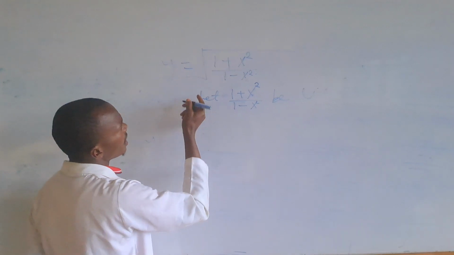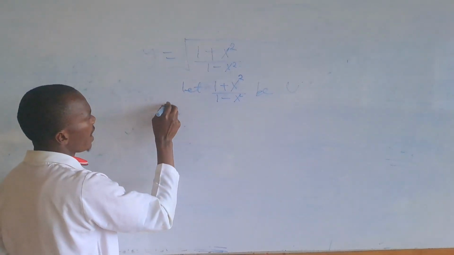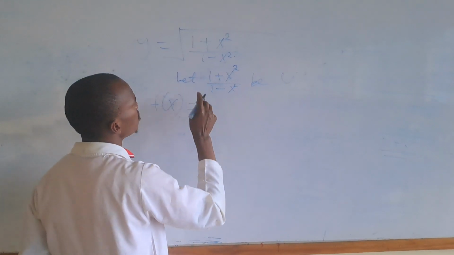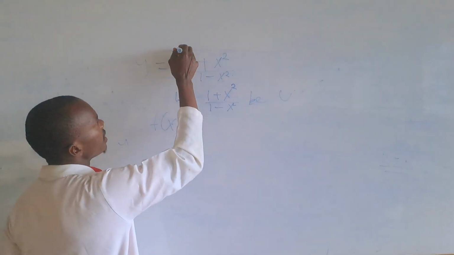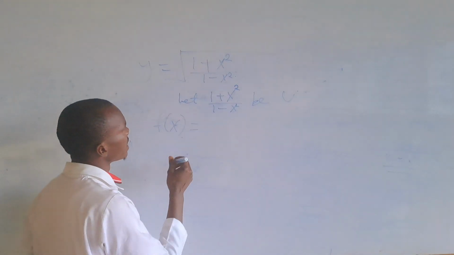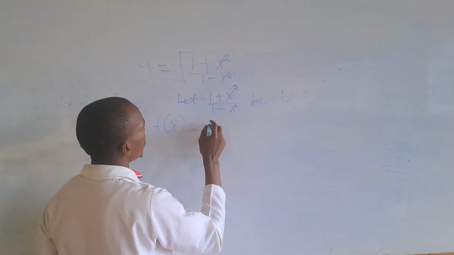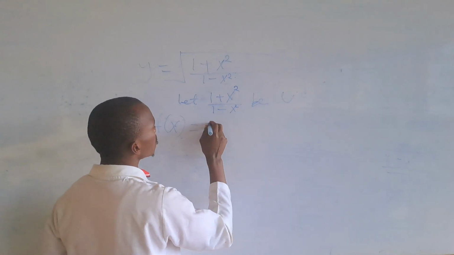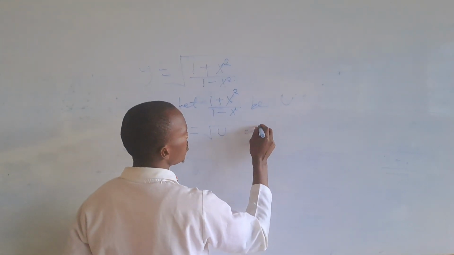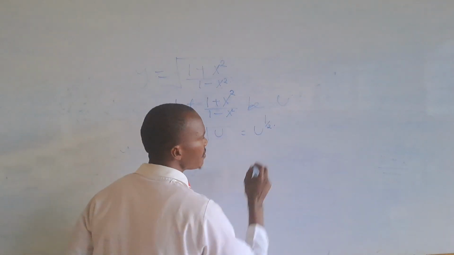Then we'll have f of x equals, we can say the root is f, which will give us the square root of u, which can also be written as u raised to the power a half.